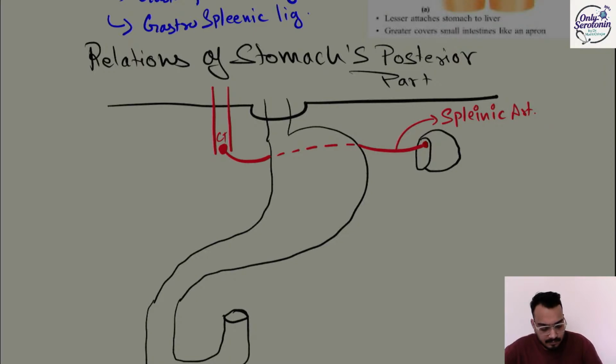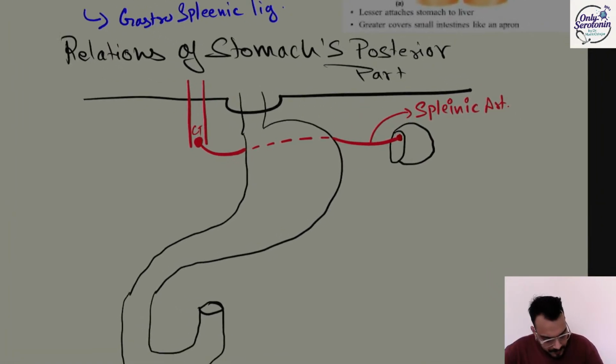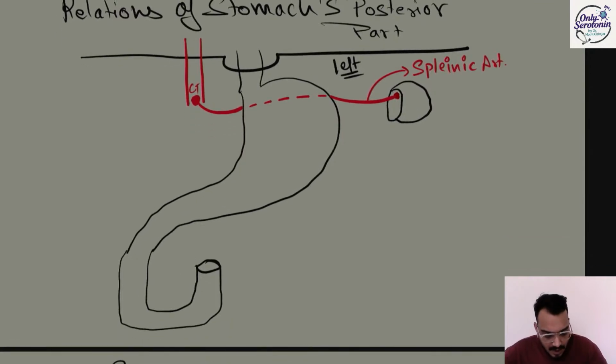Done. Now, which side is this, guys? This side is my left side, right? On the left side, just below the spleen, I am going to have one more organ, and this organ is my kidney.